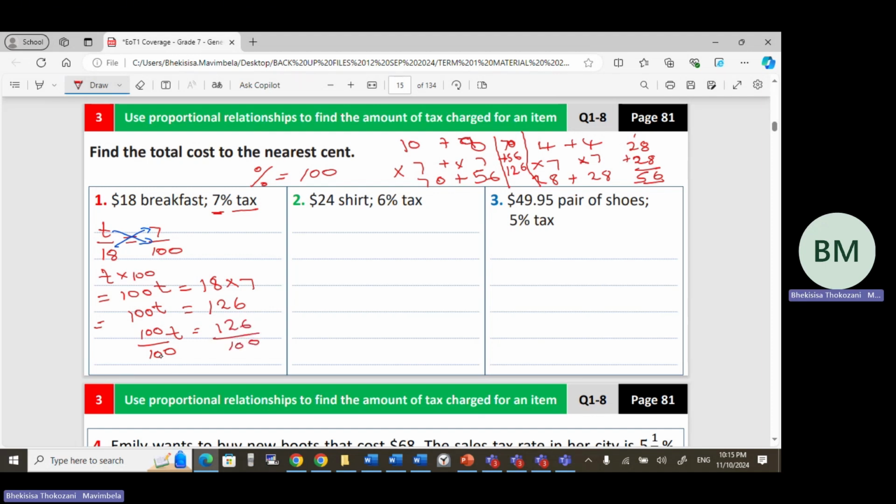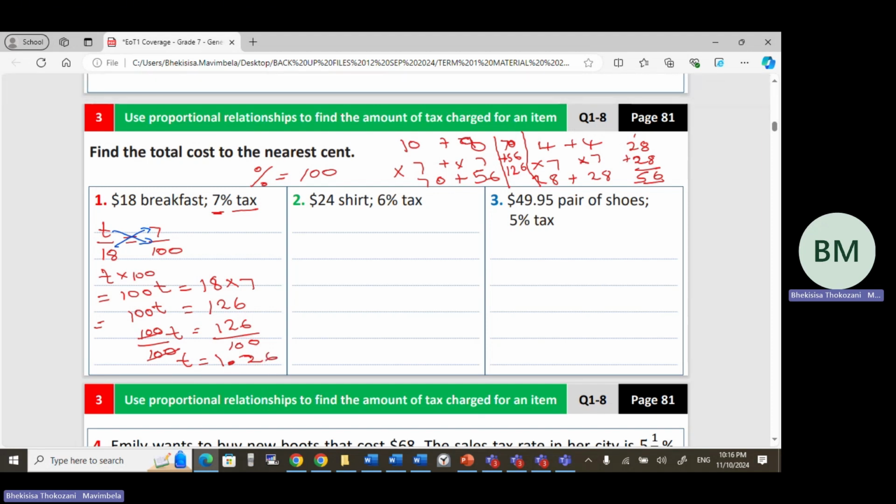Now, the trick here is this will cancel off, and for my T, because I'm dividing by 100, I must have two numbers after the decimal point. So I'll just write 1, put a decimal point, and two numbers, which are 2 and 6. And that's it. So this is not the final answer, of course.